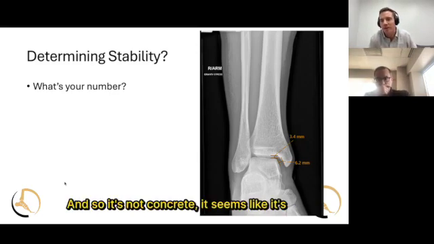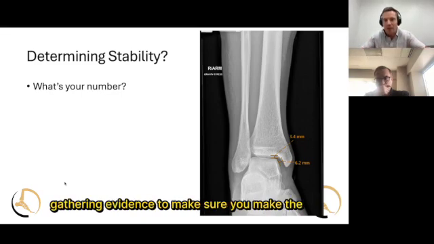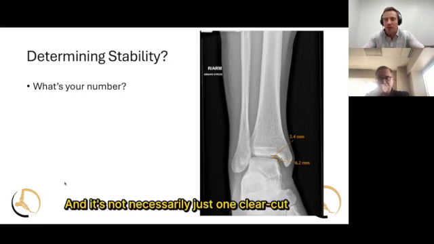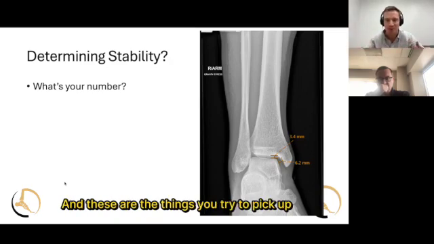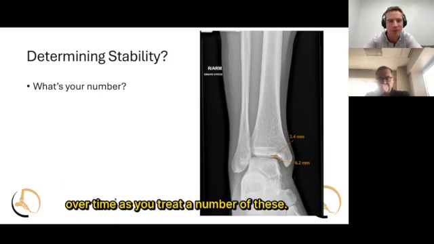So it's not concrete, but it seems like it's gathering evidence to make sure you make the right decision. And it's not necessarily just one clear-cut number that you're looking at. It's looking at the whole picture. And these are the things you try to pick up over time as you treat a number of these.